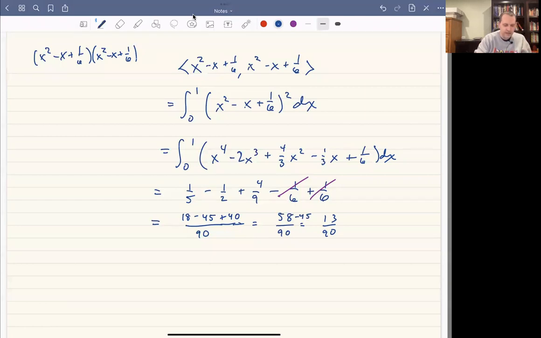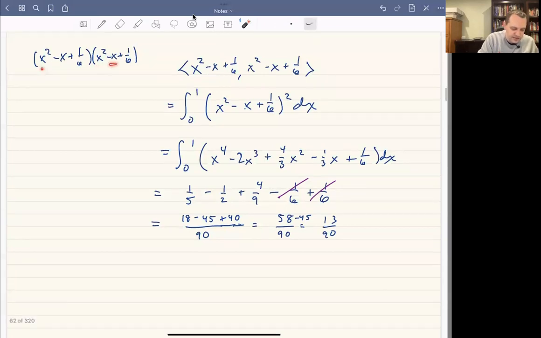Let's check one more time. Sorry to make you walk through the algebra with me here, but we get x to the 4th, so fine. Minus x cubed minus x cubed, so minus 2x cubed. X squared, so 1/6 plus 1/6 is 1/3, plus x squared, so 1 and 1/3, so that's 4/3. And then our linear terms.